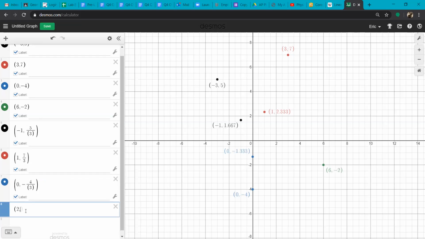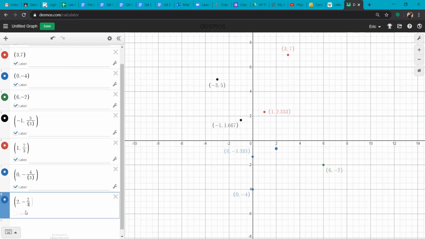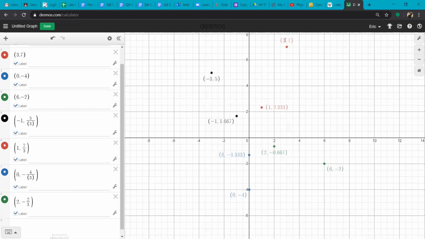Comma, -2 divided by 3. Parentheses, give that guy a label. And then I'm going to have its color match as well. And we can see here how this bigger rectangle has been reduced down to 1/3 of its size by bringing these coordinates all closer to 0, 0 by a factor of 1/3.